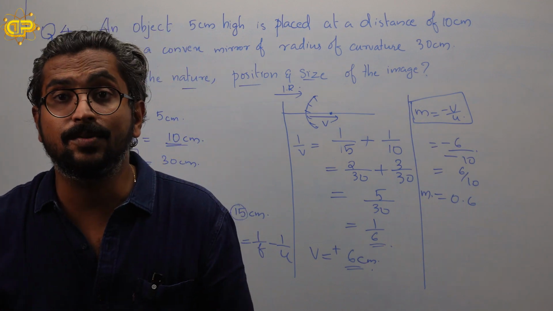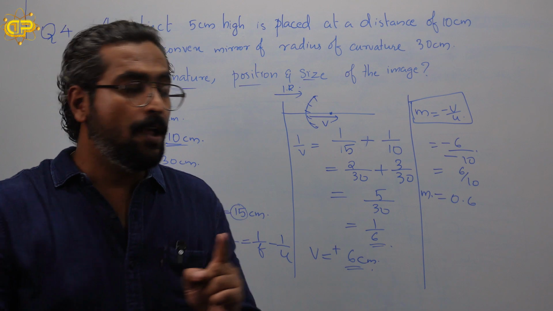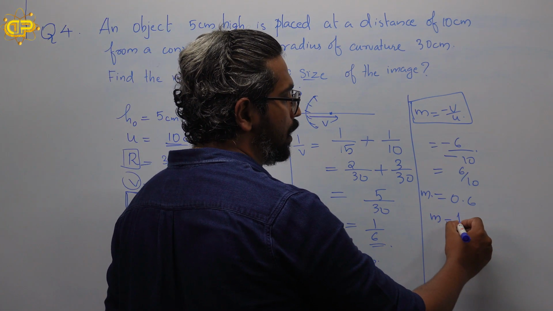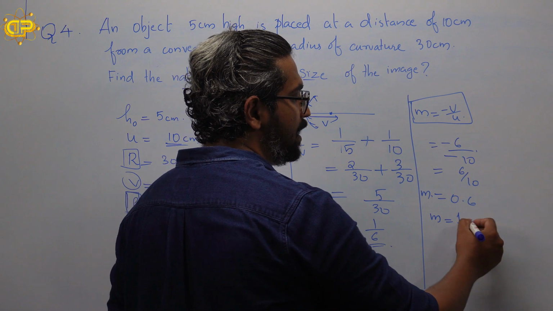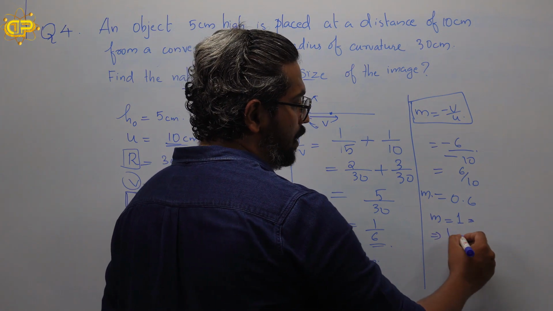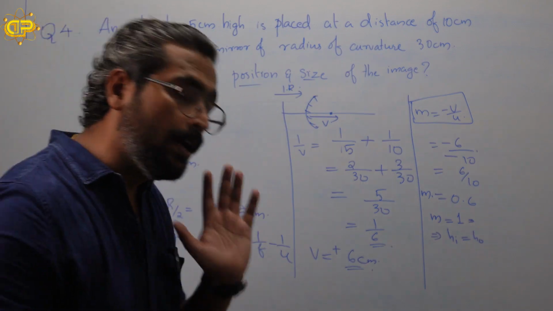What does 0.6 mean? Whether it is diminished or enlarged. Whenever you are getting a value M is equal to 1, then it gives an idea that HI is equal to HO, that is both height of the object and image are equal.